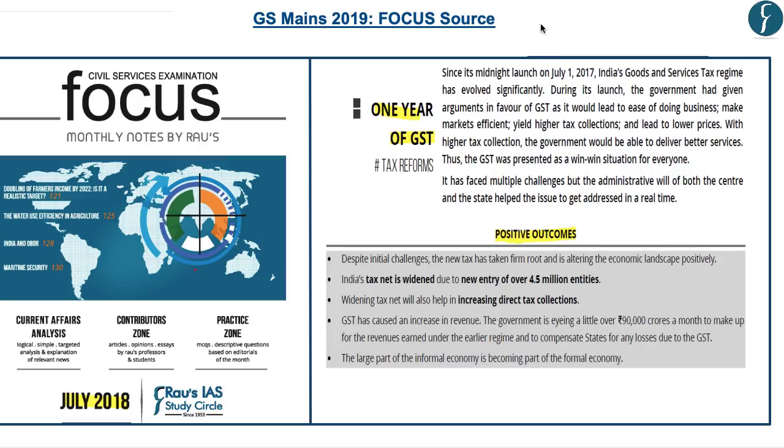Thus, it is needless to say that regular coverage of Daily News Simplified analysis, the Focus magazine, and the Mains Compass will enable the student to consolidate content required for one to answer the questions in the mains examination.